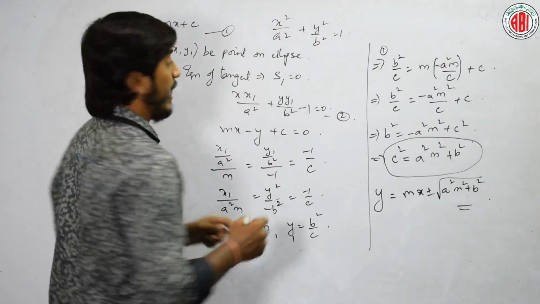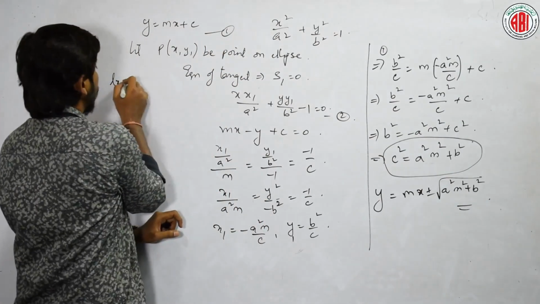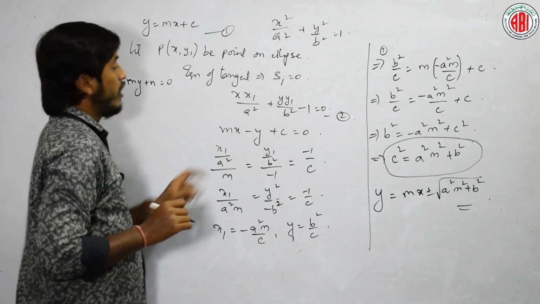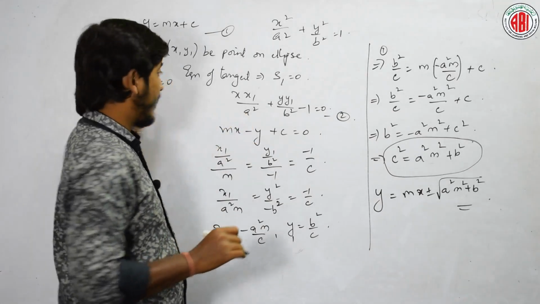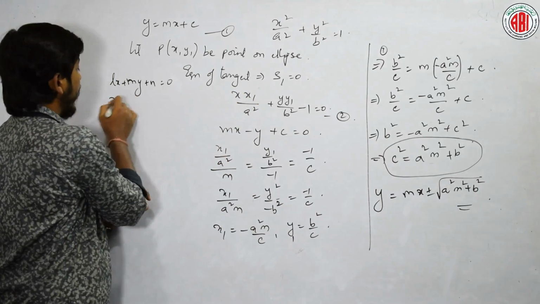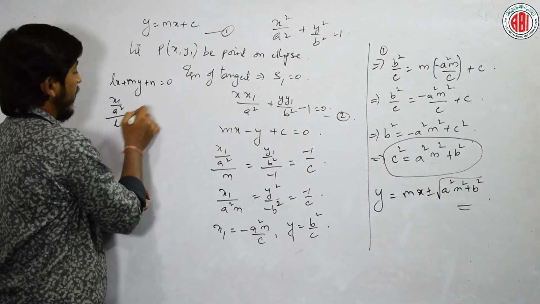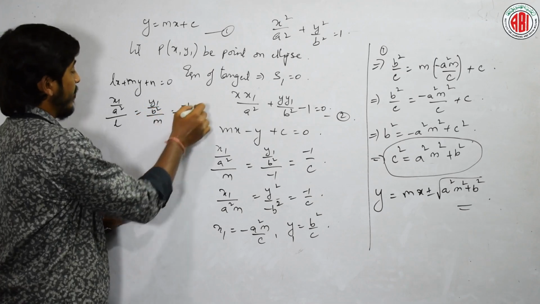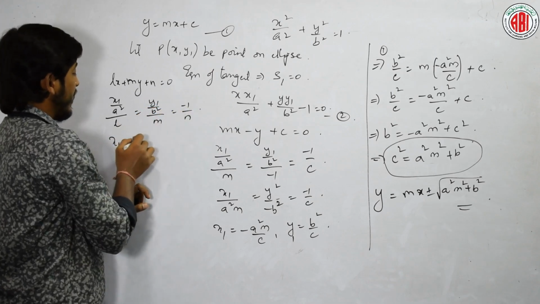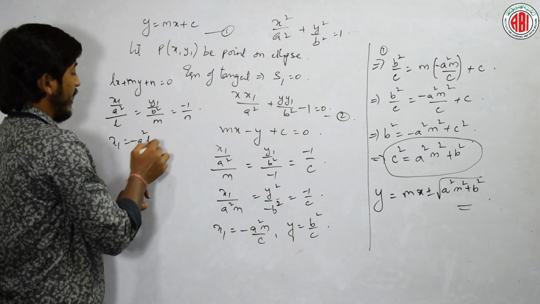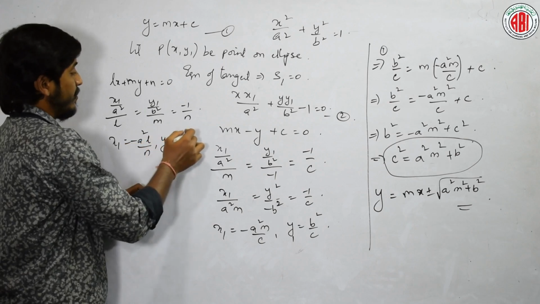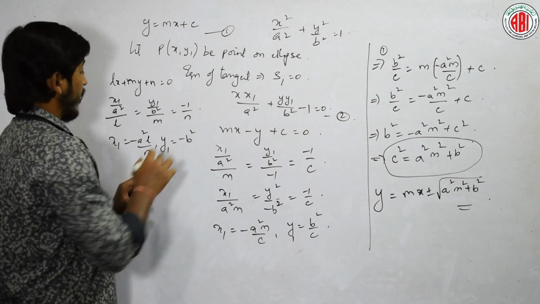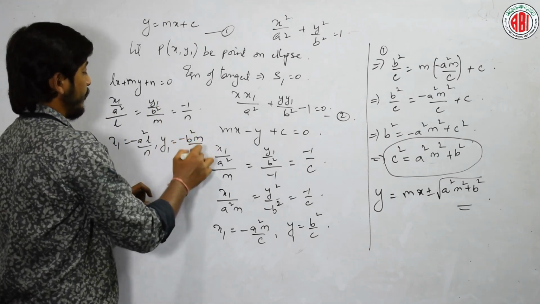What if it is given as lx plus my plus n equal to 0, a standard form? The same thing from here, let us substitute it here: x1 by a square by l, y1 by b square by m, minus 1 by n. From this, x1 is minus a square l by n, y1 is minus b square m by n.